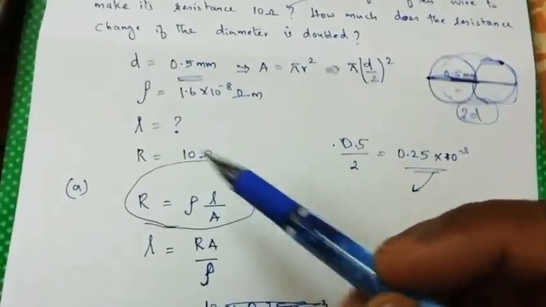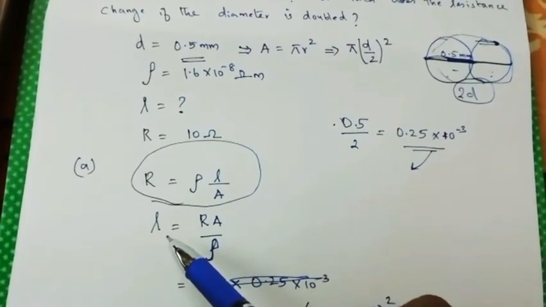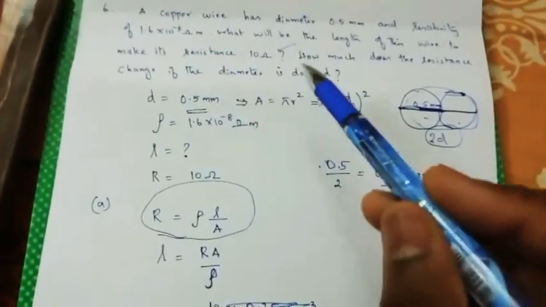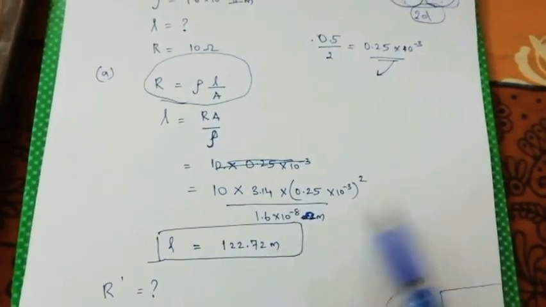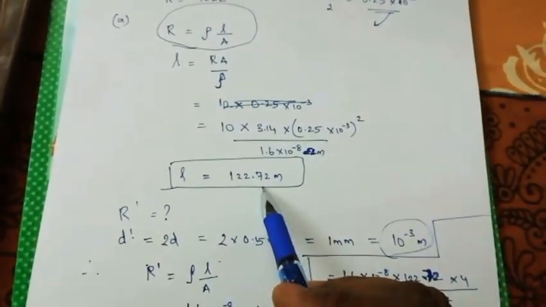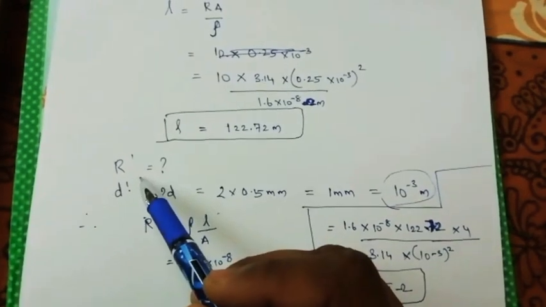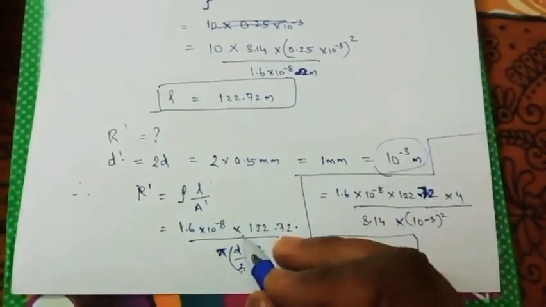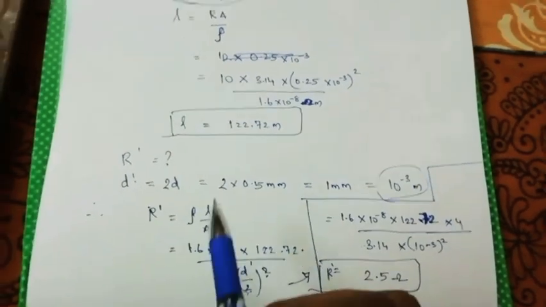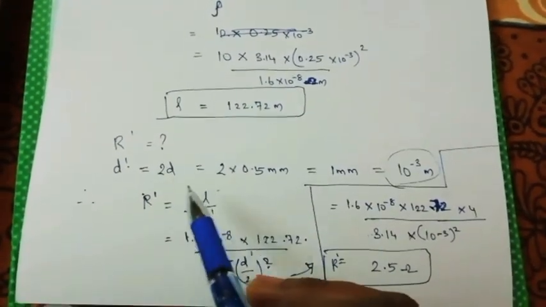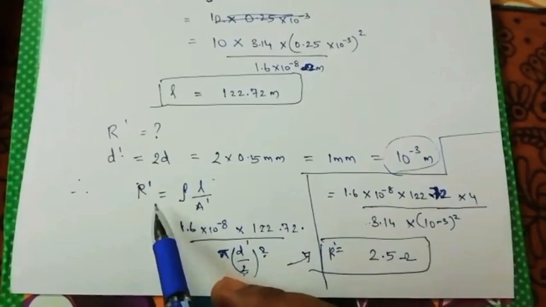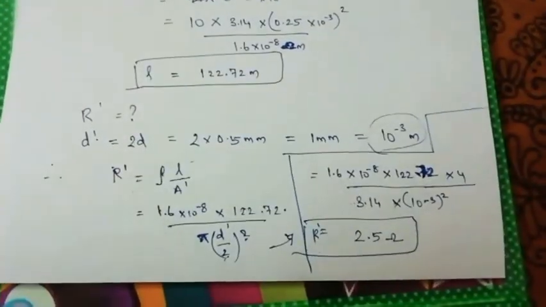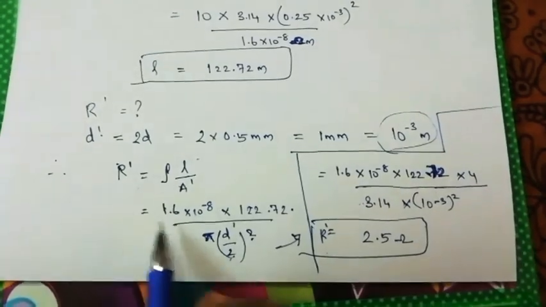First of all, we find the length of the wire using the values given in the question. Then after finding the length, we find the resistance of the wire if the diameter of the wire becomes doubled.